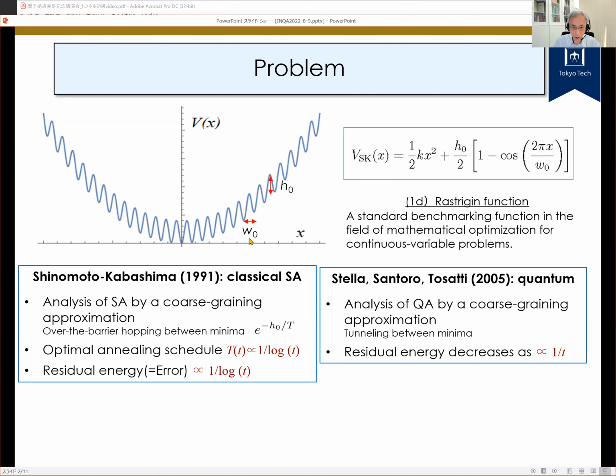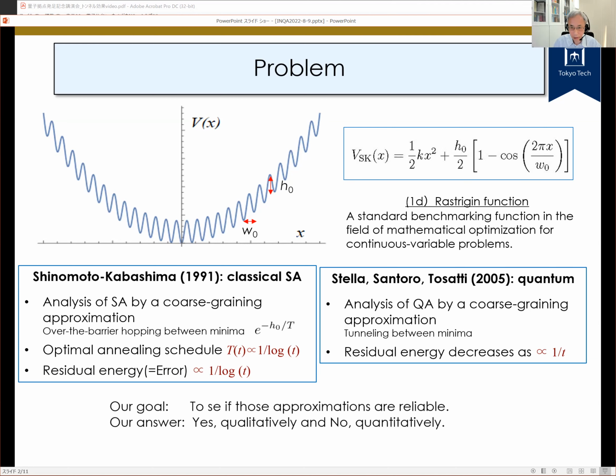And again, they took the continuous limit of the width and solved the resulting continuous differential equation. And their conclusion is that the residual energy decreases as the inverse of time. So this polynomial decrease is exponentially faster than the log decrease. So it's impressive.